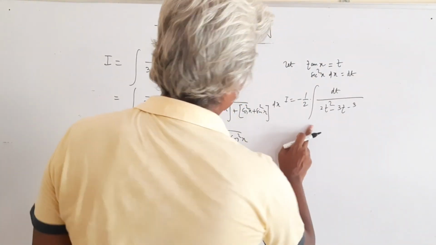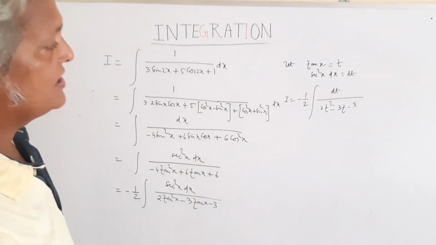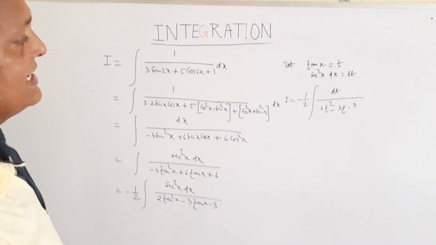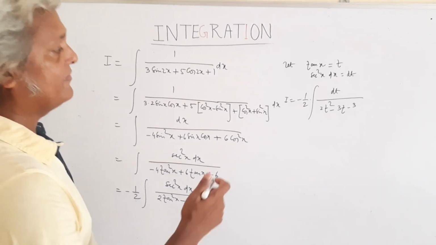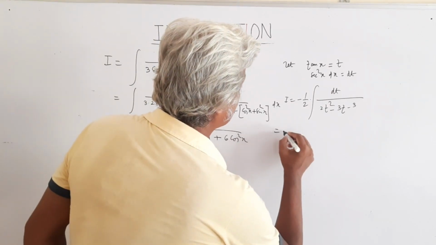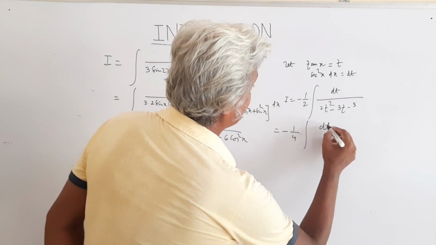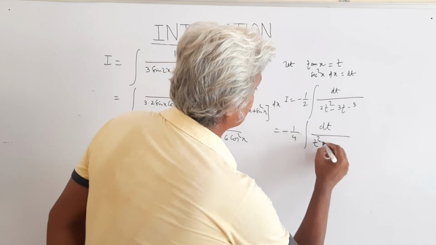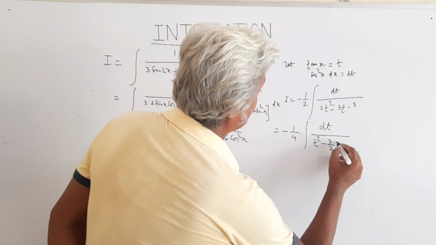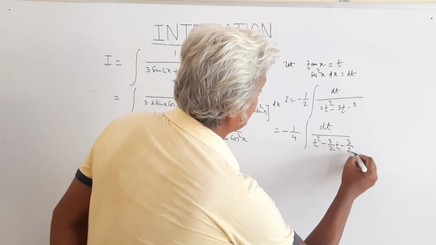So here you see I need to get rid of this 2 first, and then I can express this as sum or difference of two perfect squares. So this is minus 1 by 4 this time, and dt over t square minus 3 by 2 t minus 3 by 2.